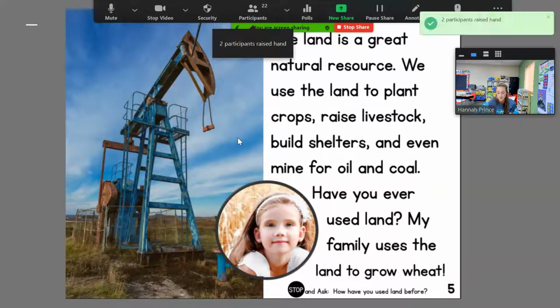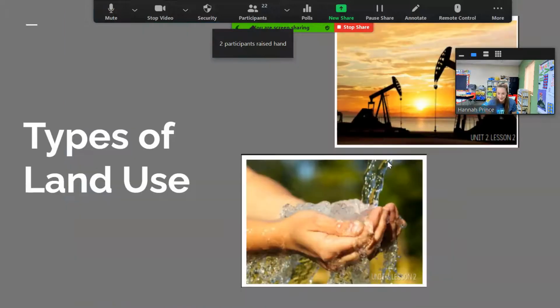Can we make something? We're going to talk about it at the very end. My family uses it for cooking. For cooking? Yes. Awesome. Thank you for sharing. What a great example. Thank you.